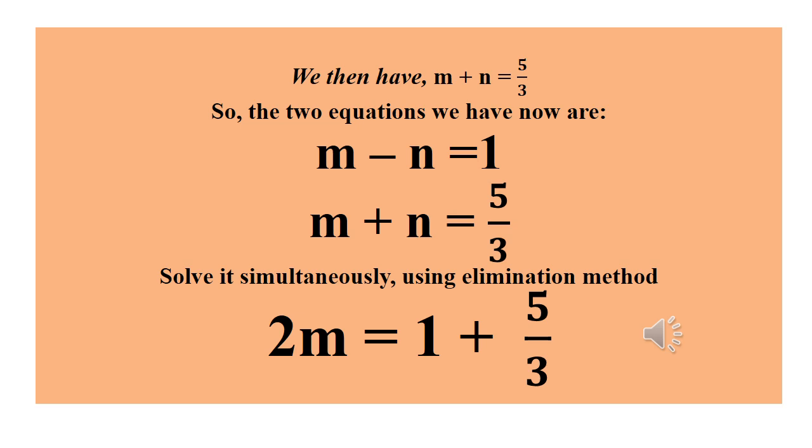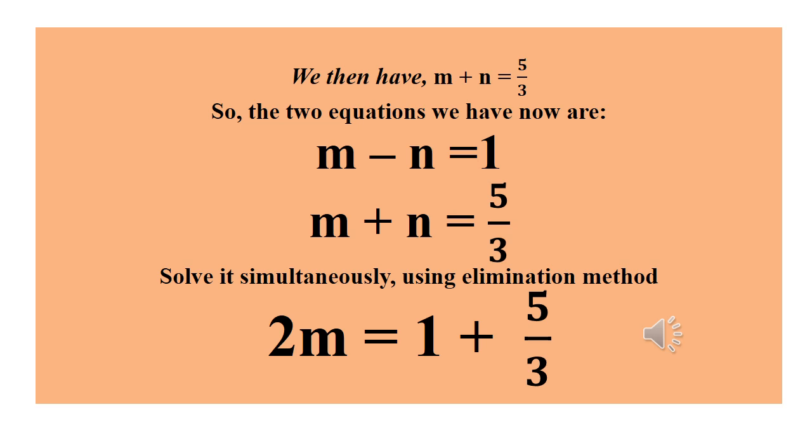If we add minus n plus n together, it will eliminate, giving us 0. Then if you add 1 plus 5 over 3 together, we now have 2m equals 1 plus 5 over 3.